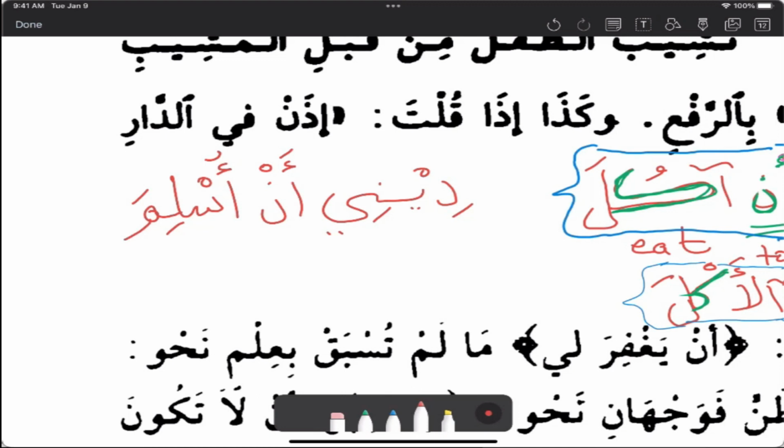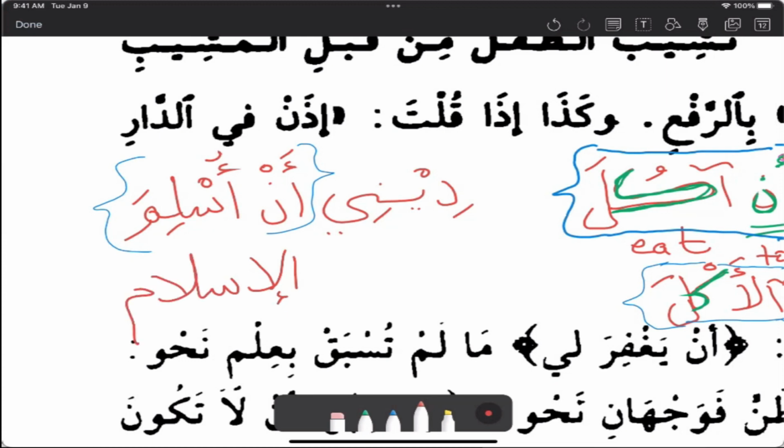And uslima, so these two together, the harf masdari with the verb, they work together to mean the masdar. And the masdar of aslama yuslimu is islam, al-islam. Dini al-islam, dini an uslim. Dini al-islam. That means the same thing.